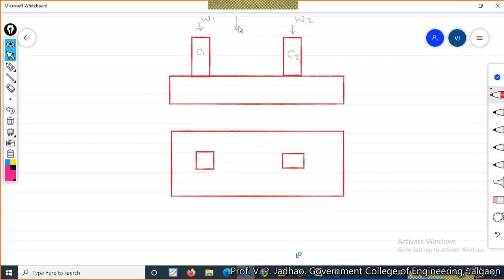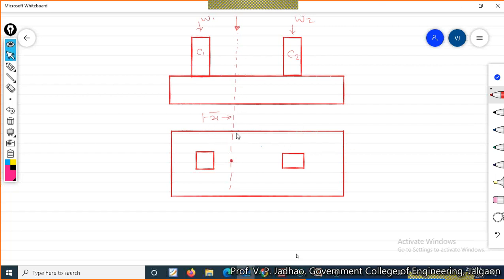Let us assume this is x bar, that is the distance of the centroid of this load. We will keep this footing in such a manner that the centroid of this load coincides with the centroid of this footing area.